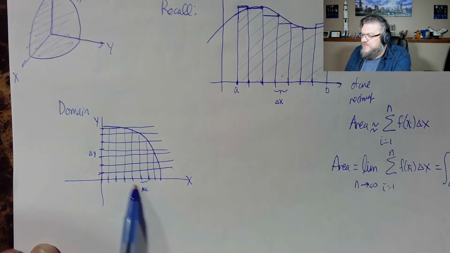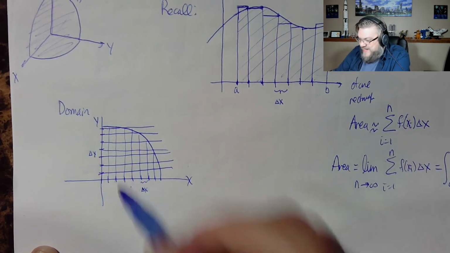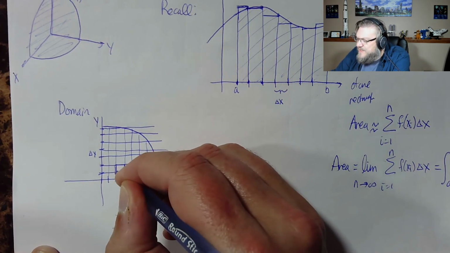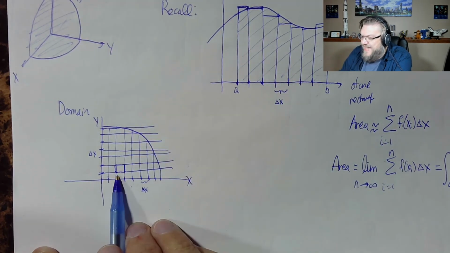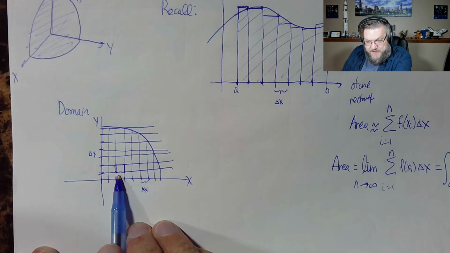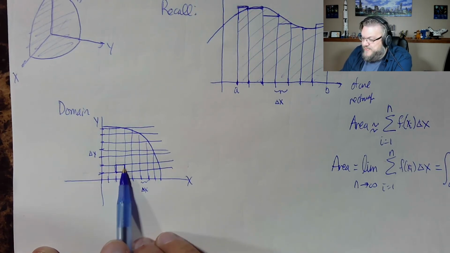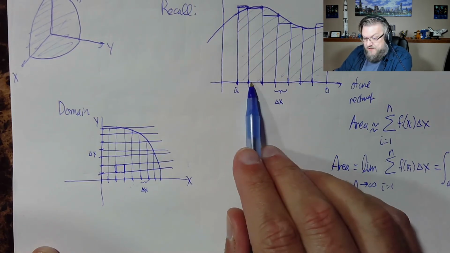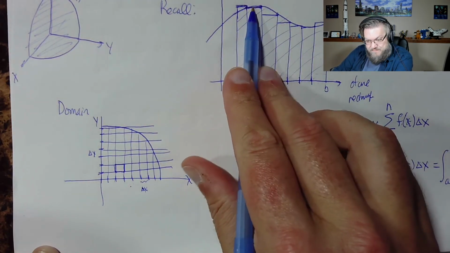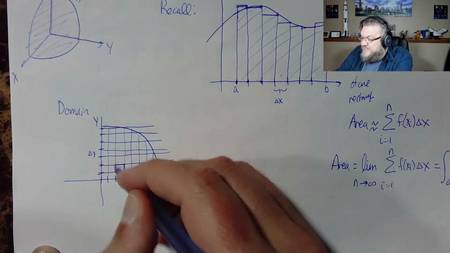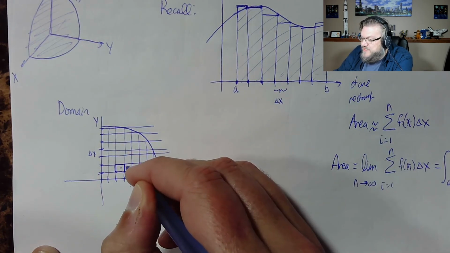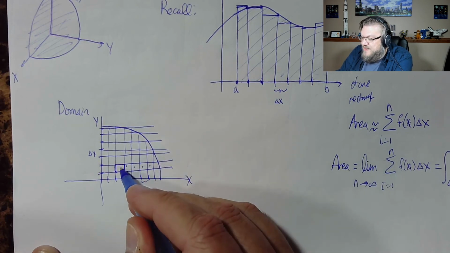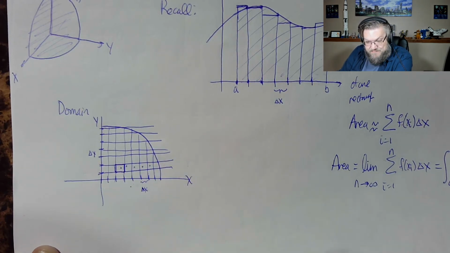So we now have in the domain a grid. And check out one of these cells, like this one right here. What I want to do is use that to represent the function height for this little bitty area. Just like we took one point from an interval to represent the height, here I want to take a single point from each one of these cells, plug that in and get a height.